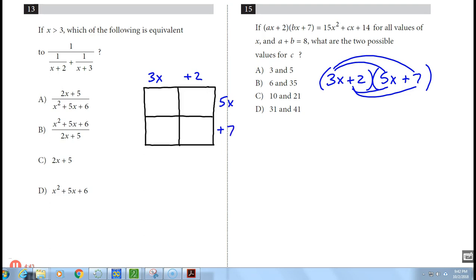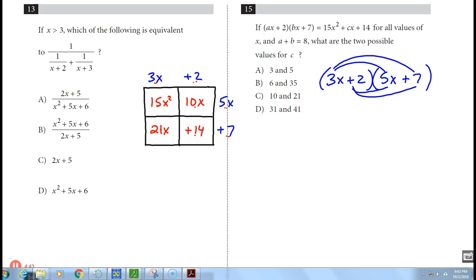And now you just have to make sure that every column and every row gets multiplied together. So this box would be the 3x times the 5x. This box is the 2 times the 5. This box would be the 3x and the 7, which is 21x. And this box would represent this row and this column.